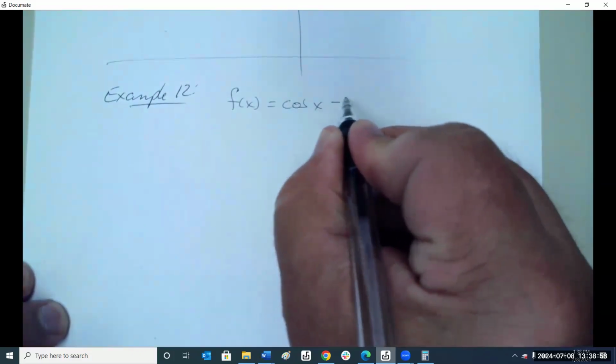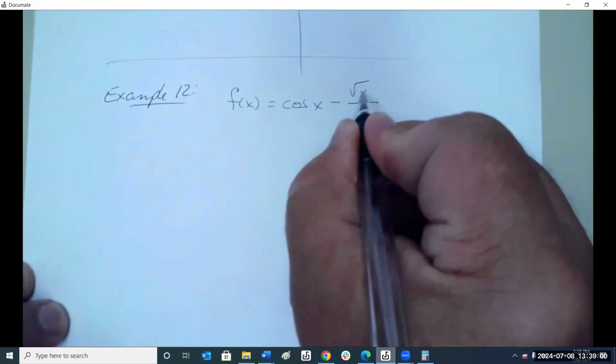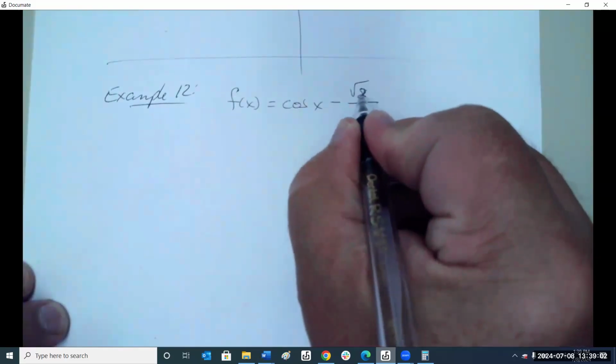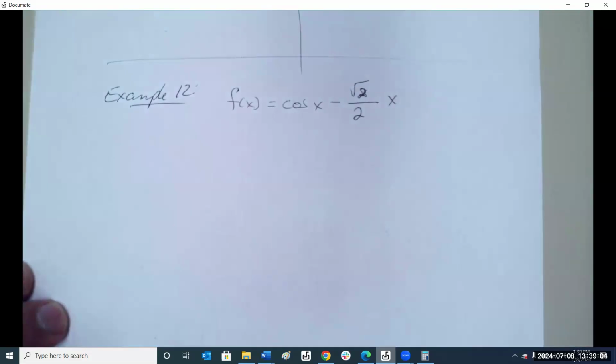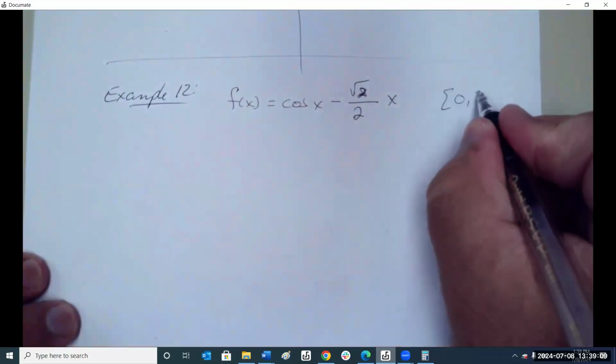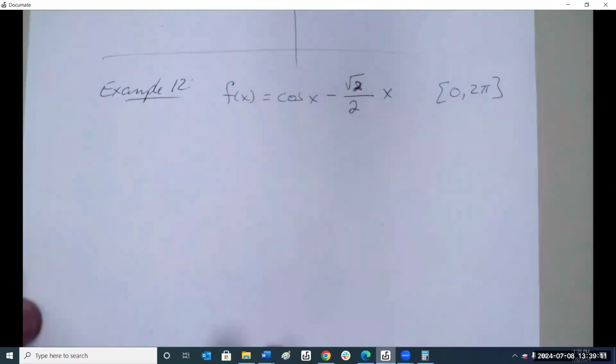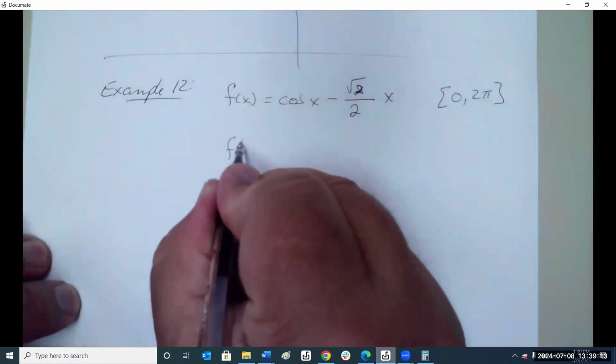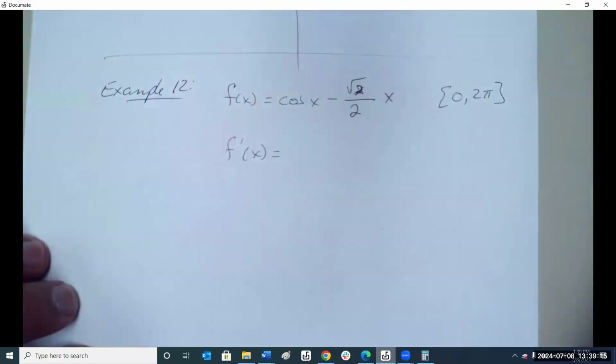Cosine x. This one looks horrible, but isn't that bad really. Let's look at the derivatives. What's the first derivative going to be?